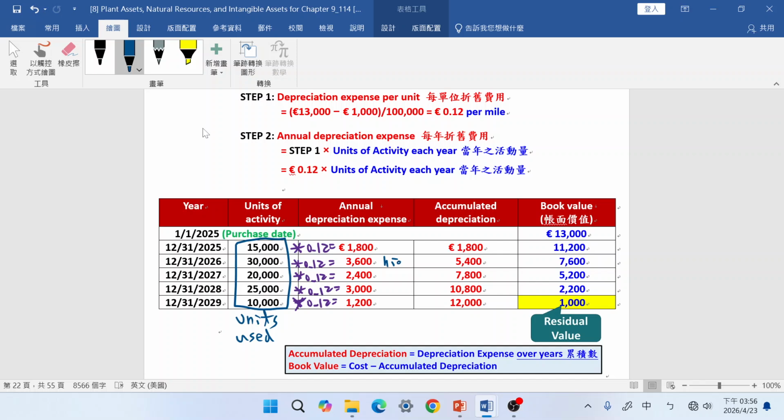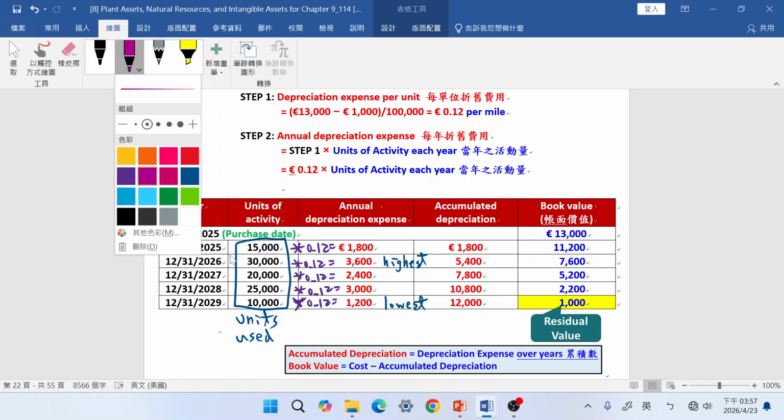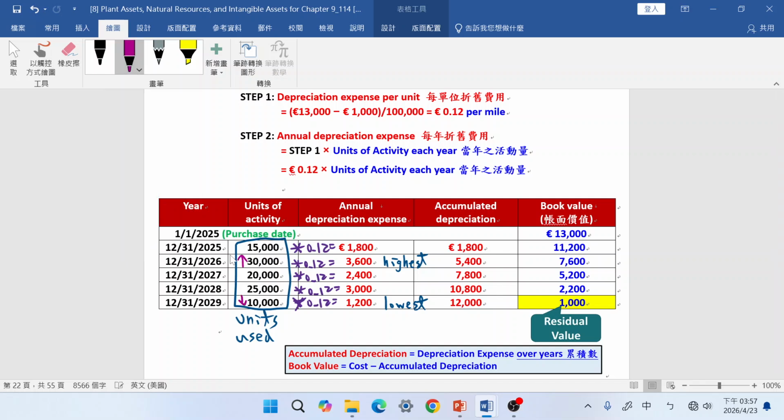Page 24 and page 25. If you're done, you can go home.